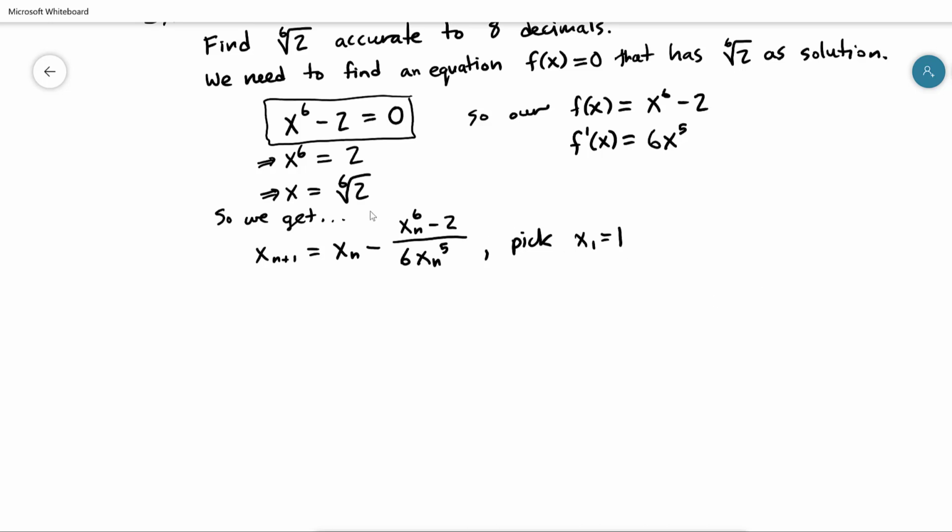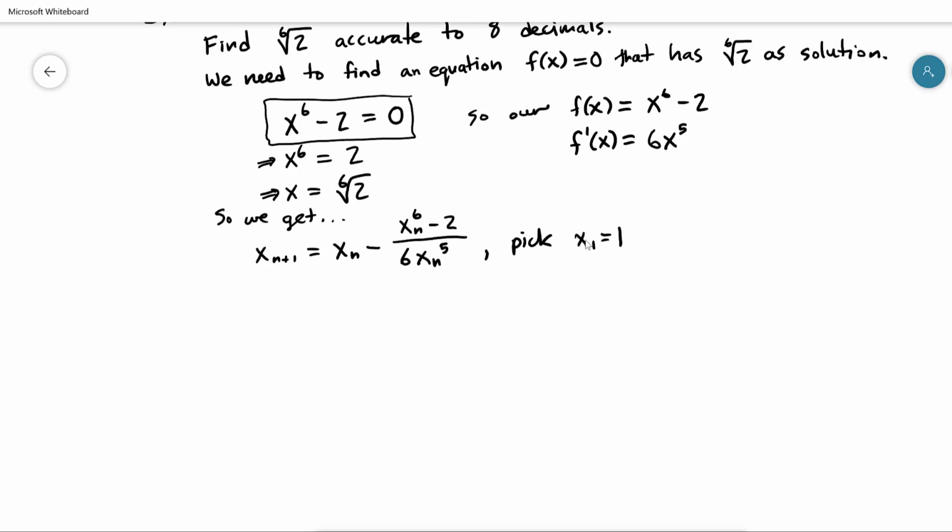Well, looking at this one, I just kind of want to get something that's close. And so obviously if I were to plug in x1 equals 1, I'd get 1 to the 6th, which would still be 1, minus 2, which is negative 1, which isn't so far from 0. I mean, it's not close, but it's not far.